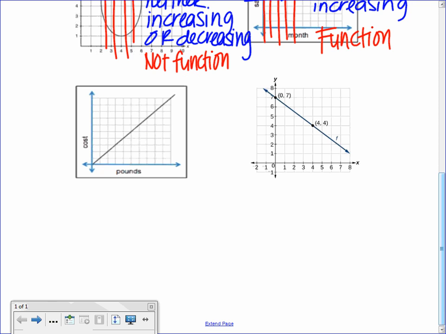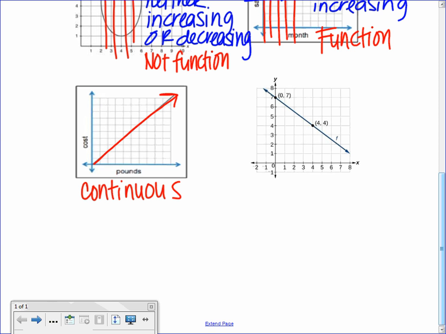All right. Last two. So I have pounds, cost. I would have a continuous graph. Let's try this again. Continuous.